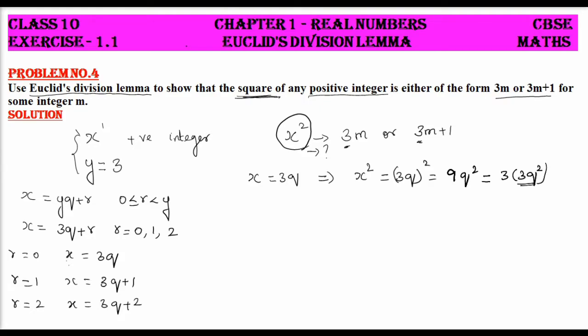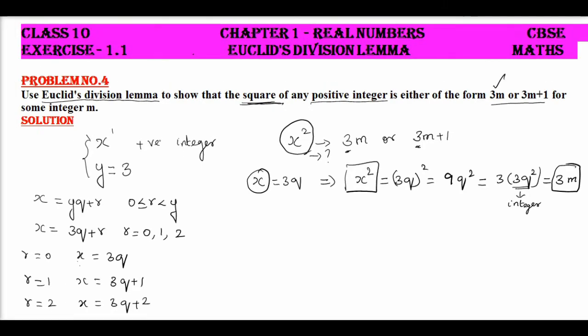This 3q square is of course an integer, isn't it? And also it is going to be a positive integer. So let me take this 3q square as m, so that I get this is equal to 3 into m, where m is some integer. So I have said that x square can be expressed in the form 3m.